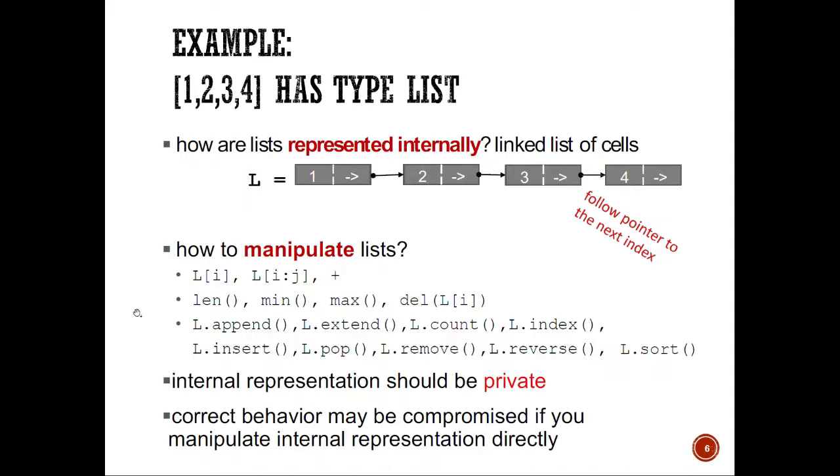This internal representation should be private, because correct behavior may be compromised if we manipulate the internal representation directly. So it's important to keep the internal representation private.